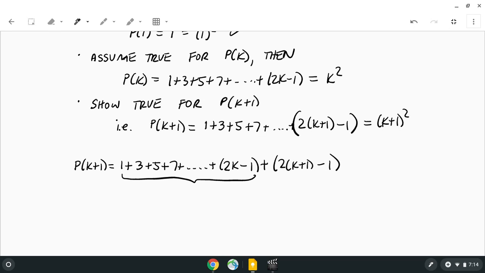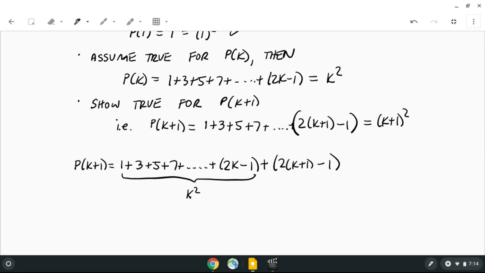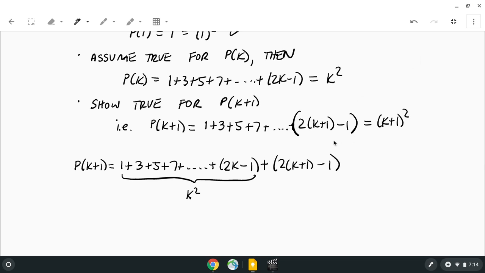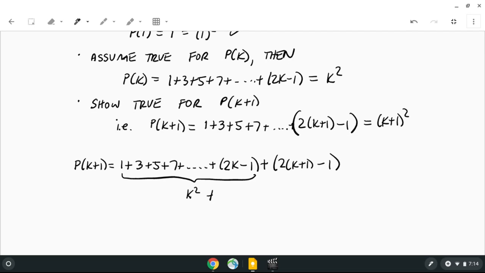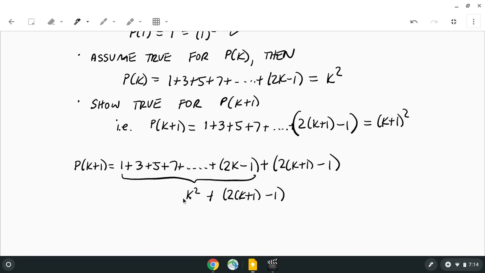So we know this part is k squared, and then I'm just going to bring this down. Now I start working this out and see if I get that.